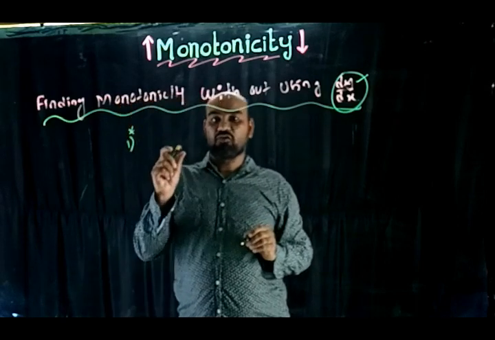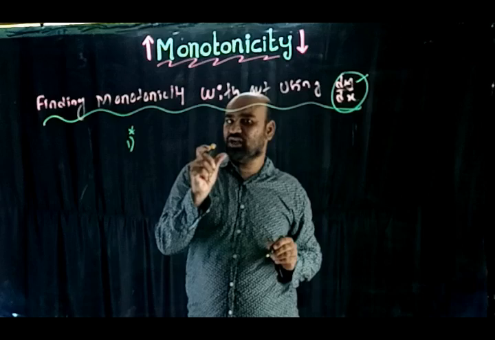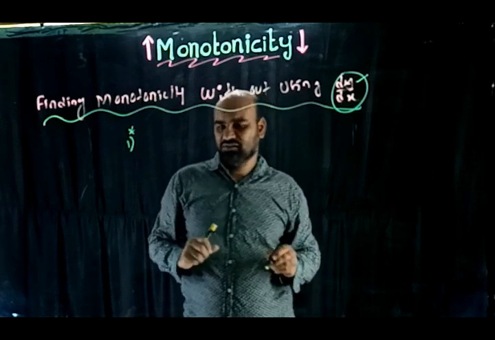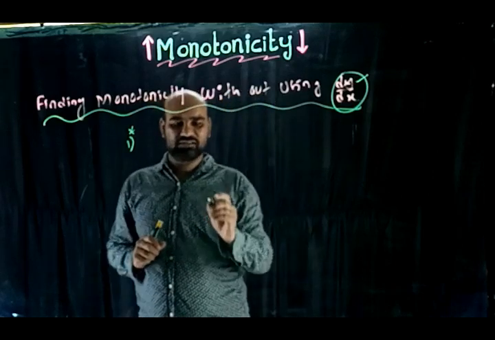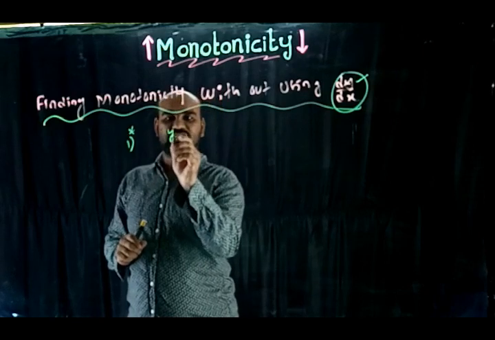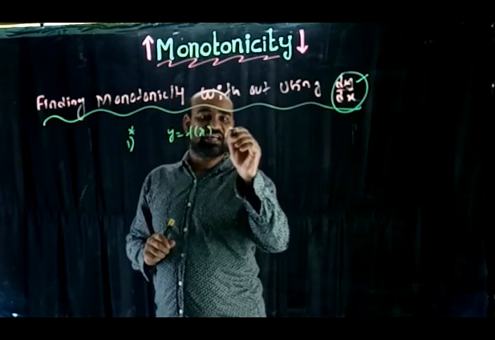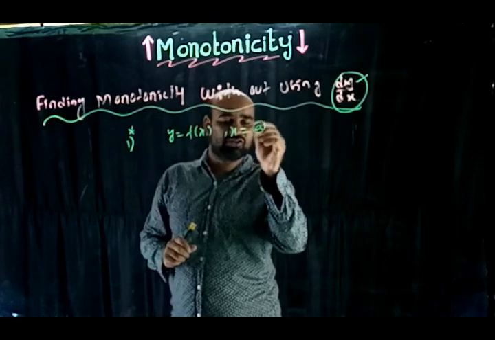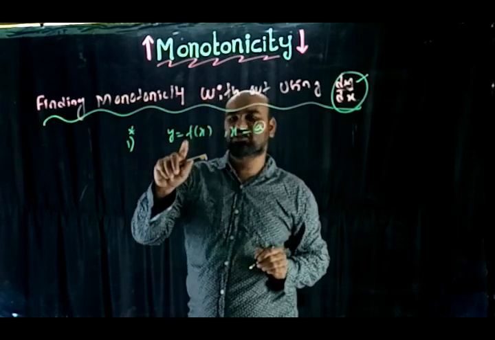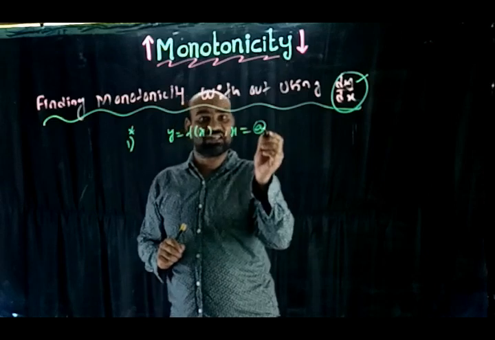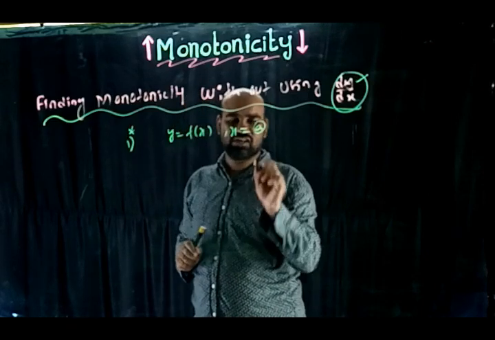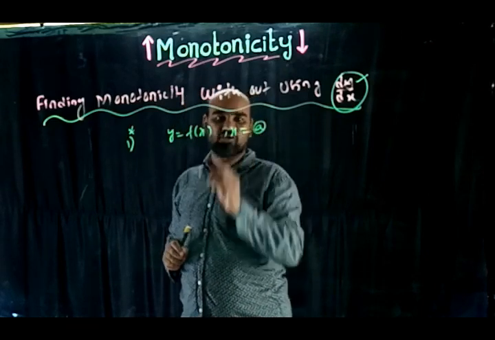How to find the monotonicity of a function at a particular point? Through an example, I will explain. For example, y equal to f of x is a function. At x equal to a, at this point we want to find the monotonicity of this function. Is the function increasing or not at x equal to a, where a is a point in its domain?